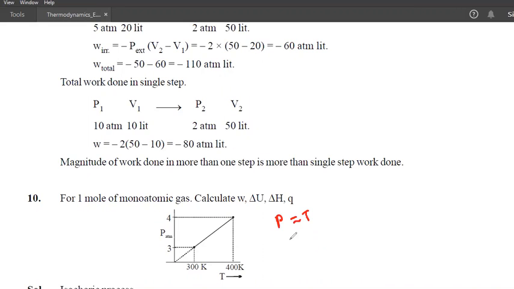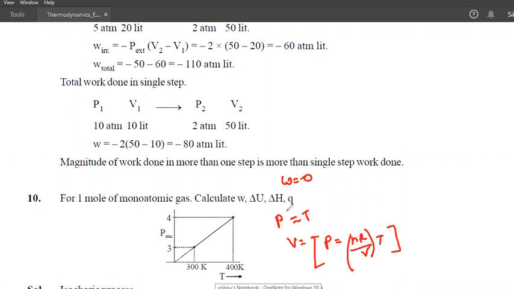So volume is constant, because when volume is constant, P will be nR by V into T, where nR by V is constant. So this straight line is of this equation when volume is constant. So if volume is constant, then it is your isochoric process. For isochoric process, W is equal to 0, right?